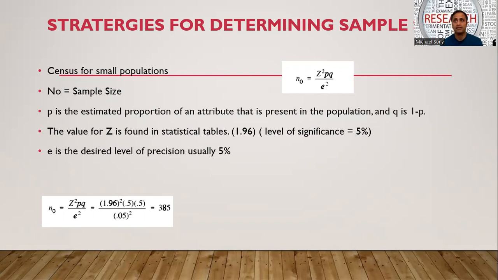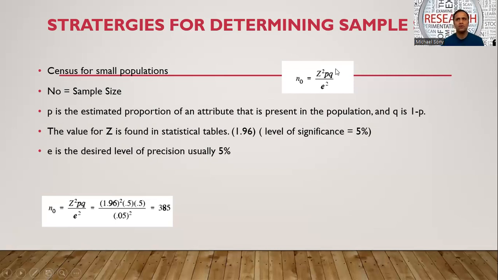From previous studies elsewhere, I know around 30 to 40% of married couples go through divorce proceedings. So in this case, P would be 0.4 and Q would be 1 minus 0.4, that is 0.6.